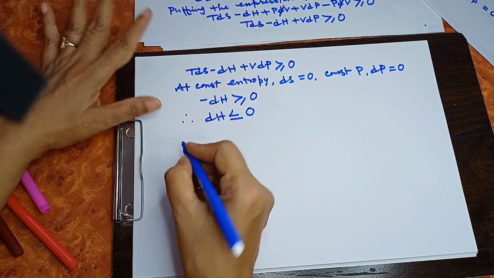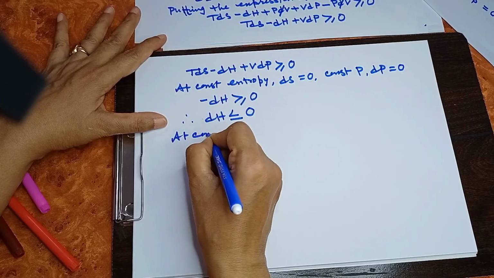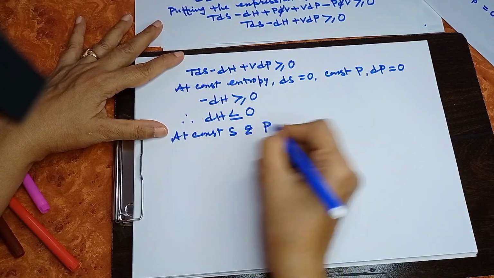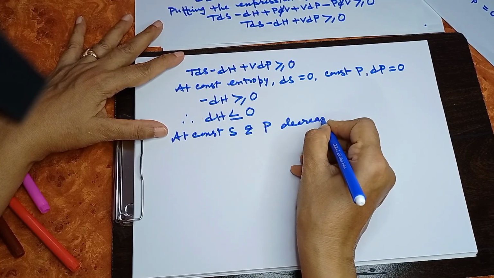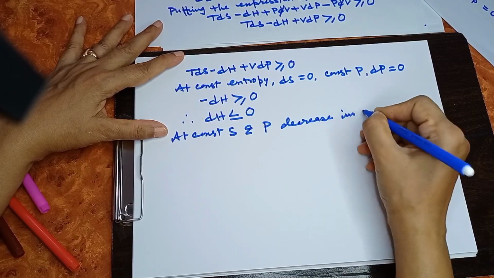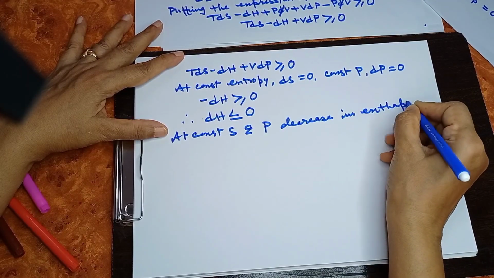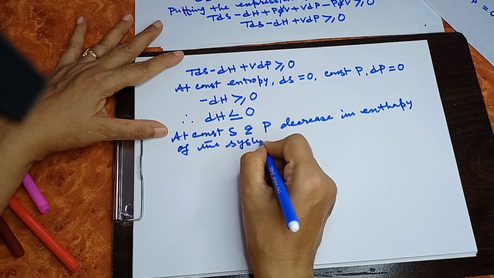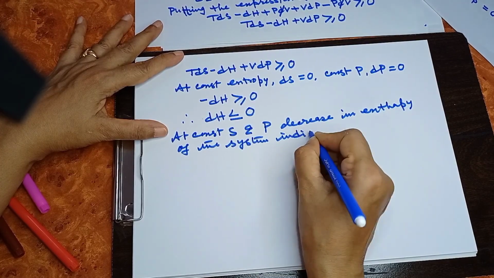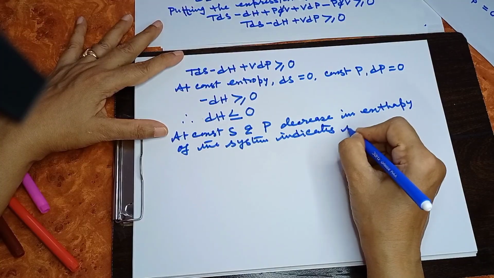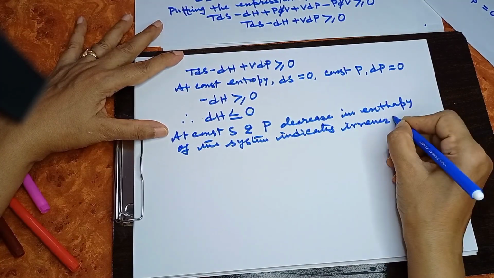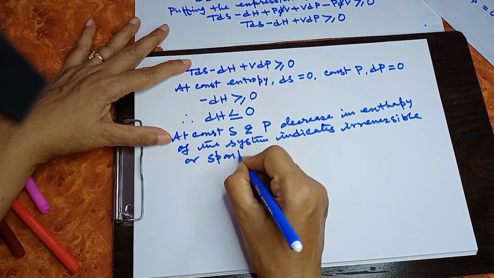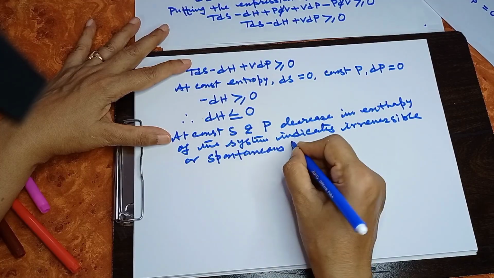So what is the conclusion? At constant entropy and pressure, decrease in enthalpy of the system indicates irreversible or spontaneous process.